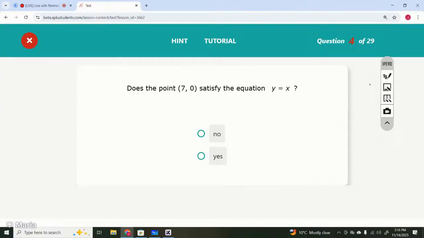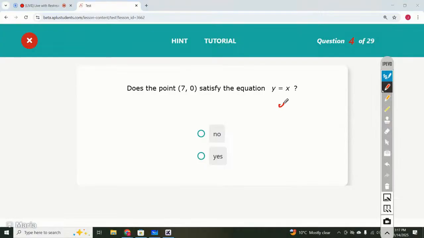Does the point (7, 0) satisfy the equation y equals x?